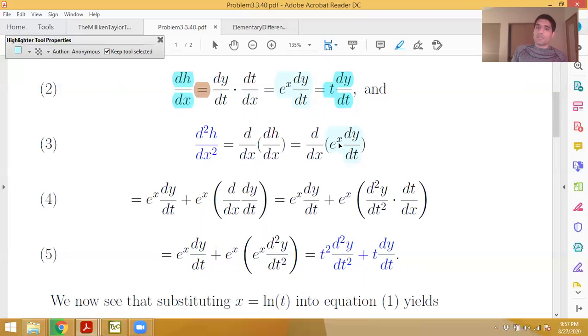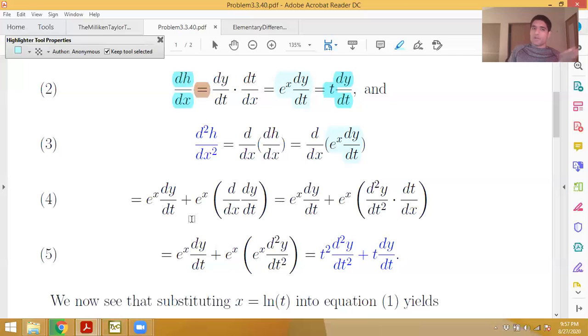I take the x derivative of the first term, so the x derivative of e to the x is just e to the x, and then leave the second term unchanged, which is why I have dy dt over there. Then I add to that the derivative of the second term, so d by dx of dy dt, and I multiply that by the first term, which is now unchanged, so e to the x.